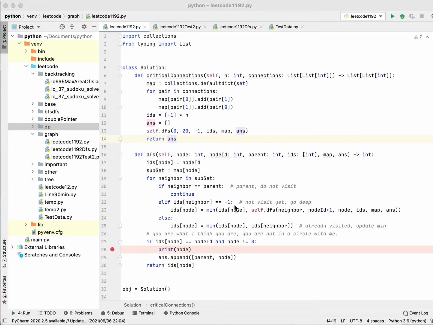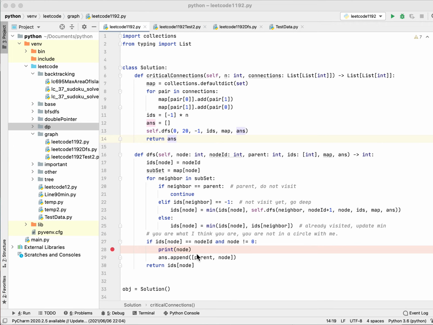In this one, if the ID is -1, that means we have not visited it yet, so let's go deeper. And this condition is that if we have already visited it, let's just update the ID. And after this node's DFS, let's check the connection.